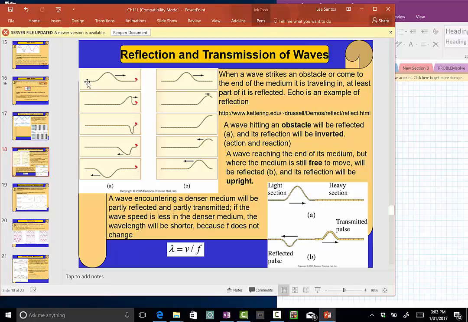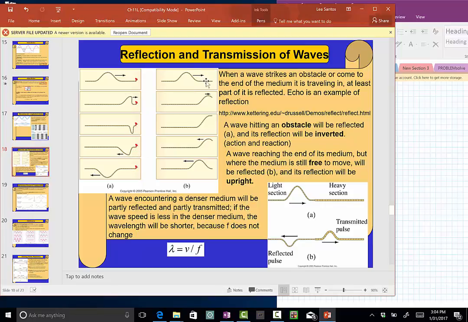When it's fixed, there is a nail there. The crest, this pulse, is coming. When it hits the nail, it tries to bring the nail up, it cannot. So the nail reacts and pushes the wave down. So we see this pulse coming back inverted.